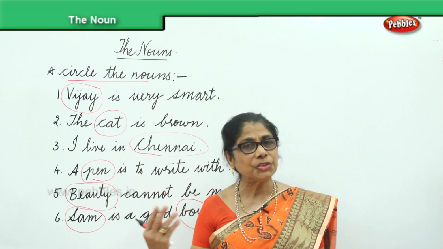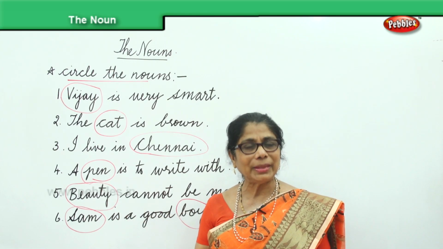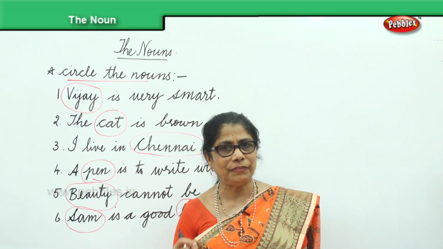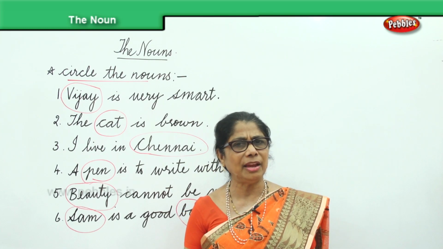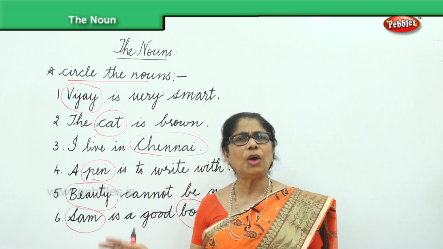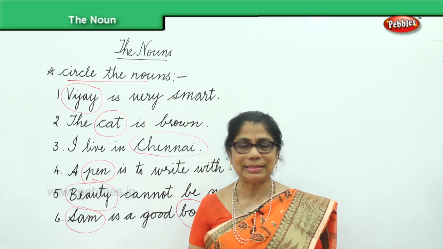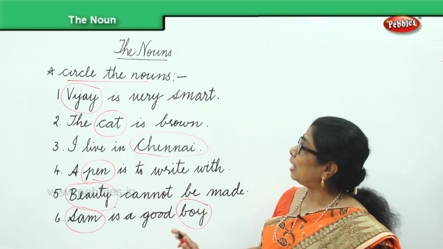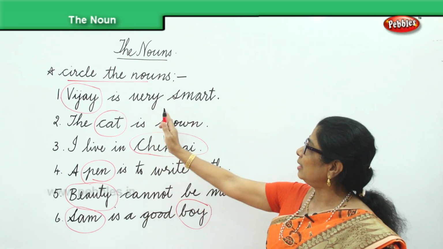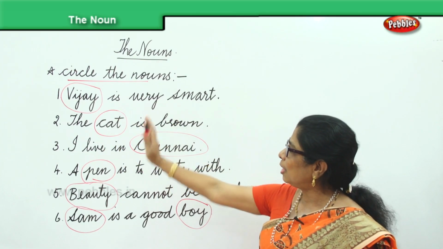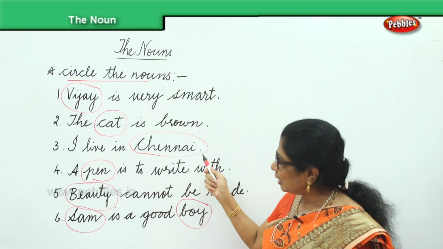Now, what we saw here is simple sentences, learning to identify any noun. Whatever noun is in the sentence, we identified and we circled it. So, circling any noun. Vijay is very smart, Vijay. The cat is brown, cat is the noun. I live in Chennai, Chennai is a noun.